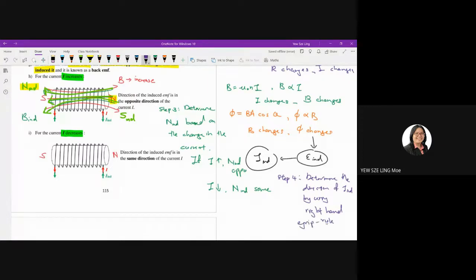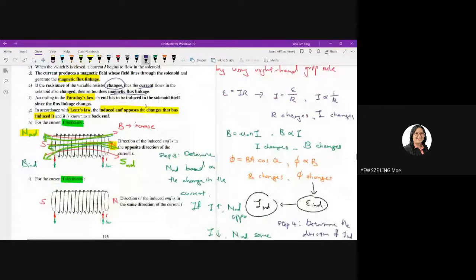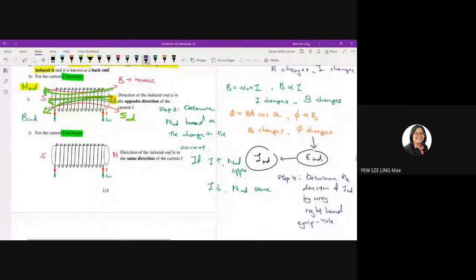But one thing that you have to take note of: just now we determined the directions of north pole by using the right hand grip rule as well, right? But in step number 2, you use normal I to determine the position of the normal north pole. When it comes to induced current, you have to use your induced north pole.